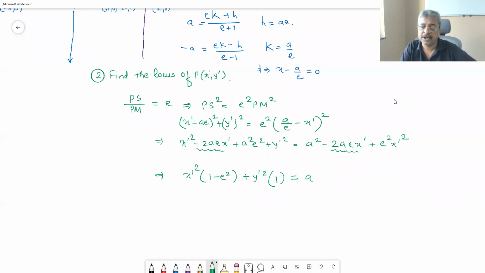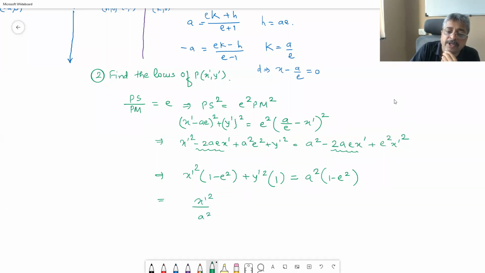A squared is remaining, so I can take a squared common: a squared (1 minus e squared). Are you there? Instead of carrying this load, we can write x' squared upon a squared plus y' squared upon a squared into (1 minus e squared) is equal to 1.